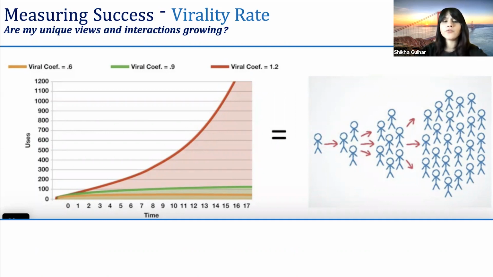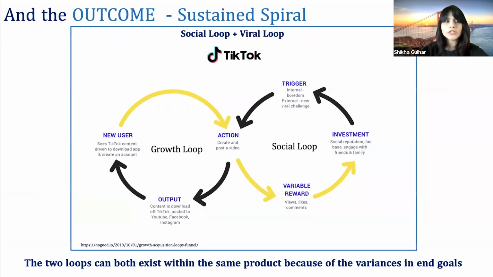Therefore, in order for your product to not only grow organically, but also have enough input for reinvestment, this loop needs to work in conjunction with another loop that can actually induce that reinvestment. So in the case of TikTok, the other loop that works well with the viral loop is the social loop. This is so because these two loops have very different jobs to do.